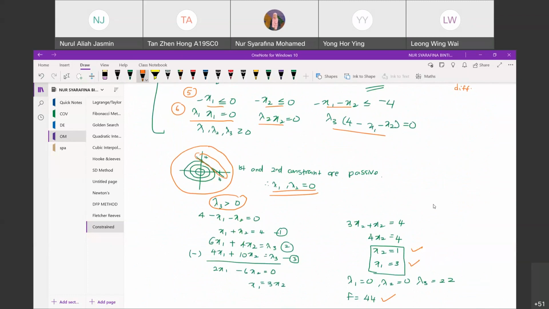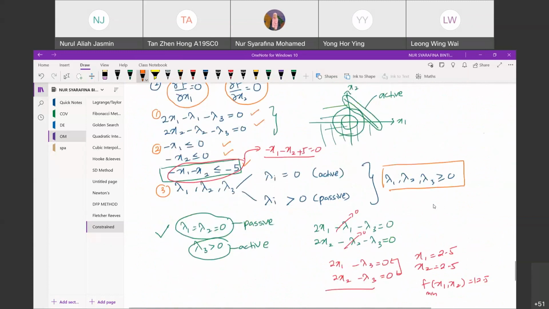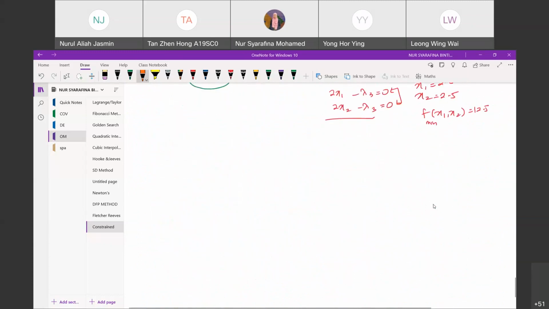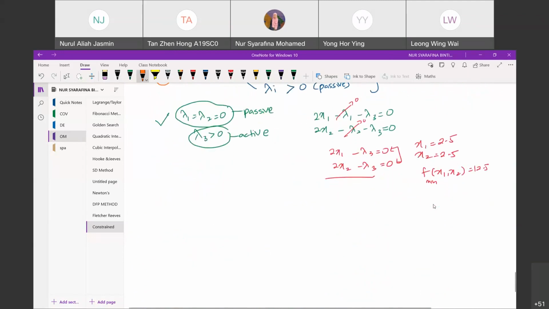If you don't know how to plot, that is one of the problems. You can try and error with a table of lambda values. For this example, you just list down what your lambda is.